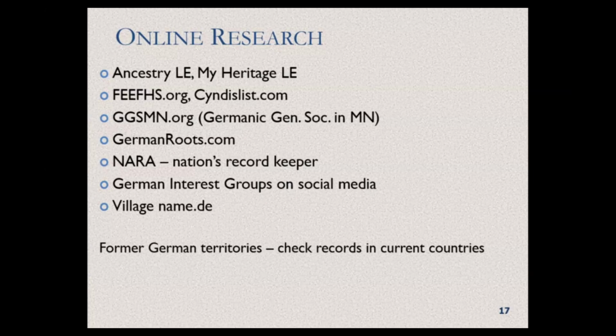So you can just type your village and .de. That DE stands for Deutschland, which in English means Germany. And if your German ancestor was actually a Germanic ancestor from territories that are now not part of Germany, then you may check records in those current countries, for example, in Poland, Czech Republic, Slovakia, Romania, Serbia, Hungary, Russia.